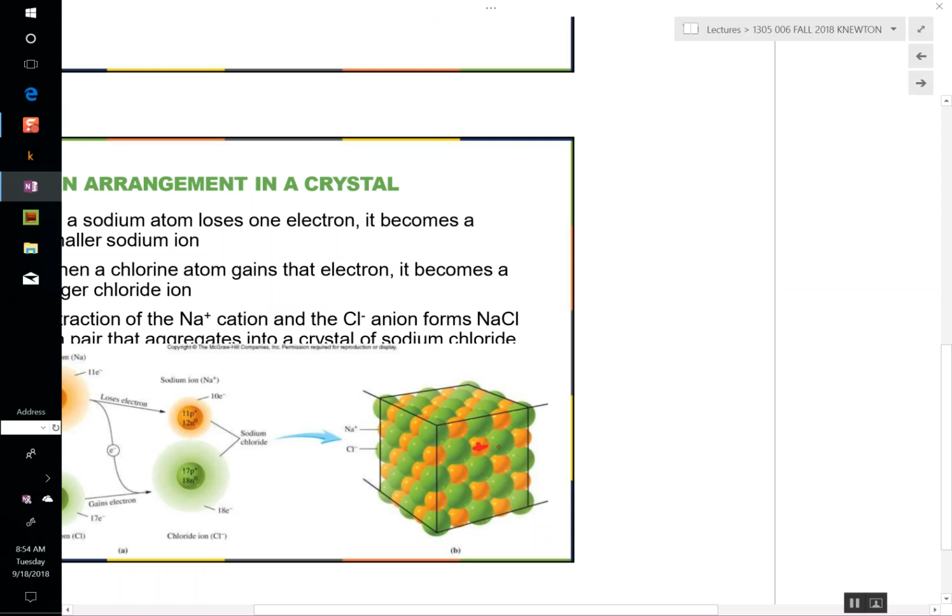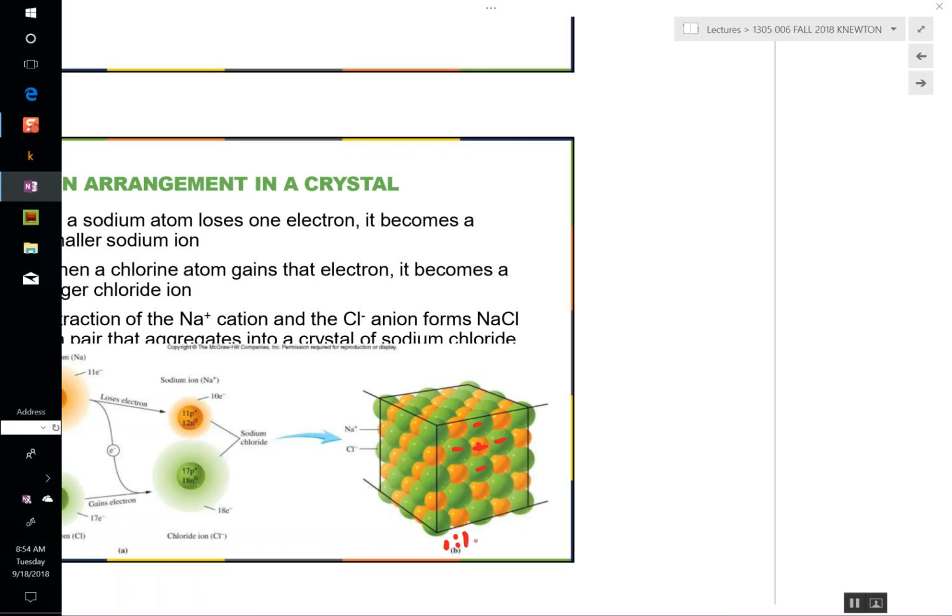The cation gets smaller, the chloride ion gets larger, and as the sodium ion packs down into the sodium chloride crystal, it is surrounded by chloride ions. It doesn't want to get close to another sodium ion. Like charges repel. But there is a 1-to-1 ratio in this crystal structure.